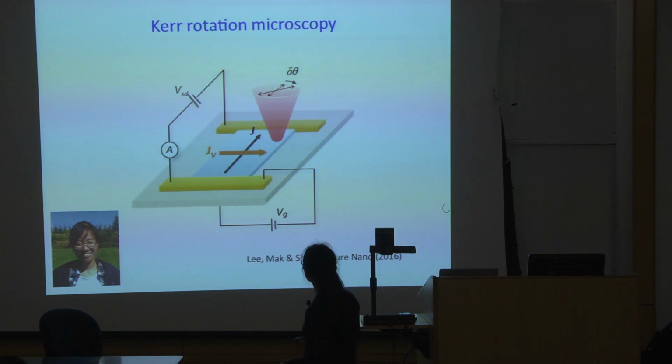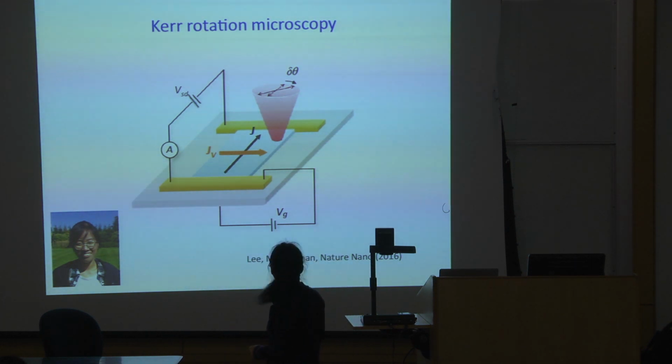So this is the experimental setup. We have electrodes, and we have a monolayer of molybdenum sulfide, and then we can drive current, right? And if there is Valley Hall effect, you should have valley current across. It just means one type of electron goes one way, another type goes another way.